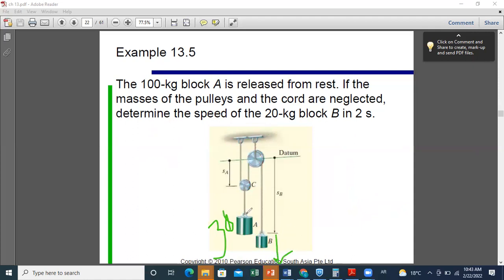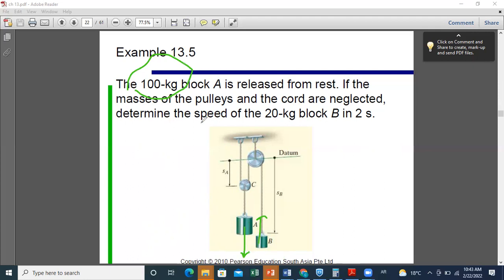Because here you have 2 times the tension opposing motion. Not just T, you have 2T here. So now, because the mass of A is 100 kilogram, which is larger than 40, you can be sure that A will move down and B will go up. So this small analysis can tell you the direction of motion. You can make sure of this from the calculation of A.